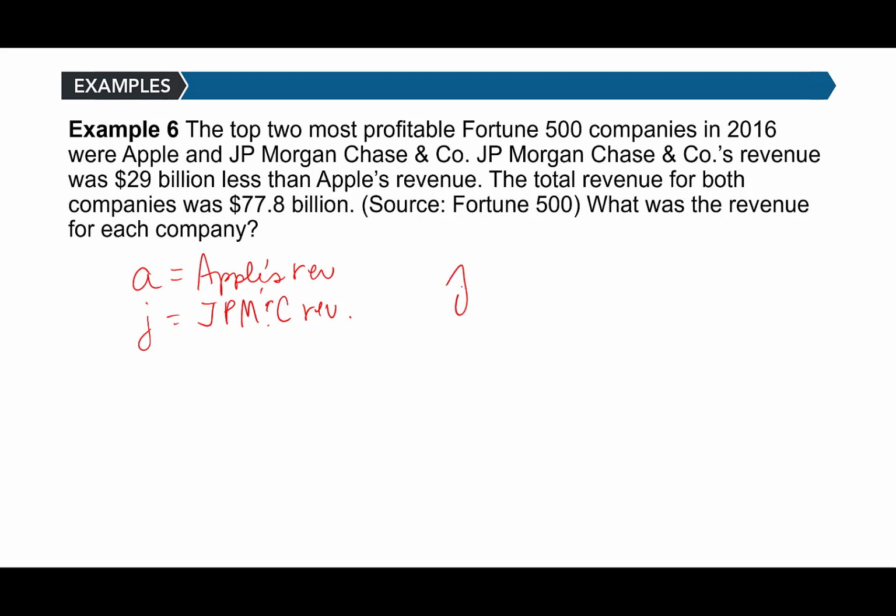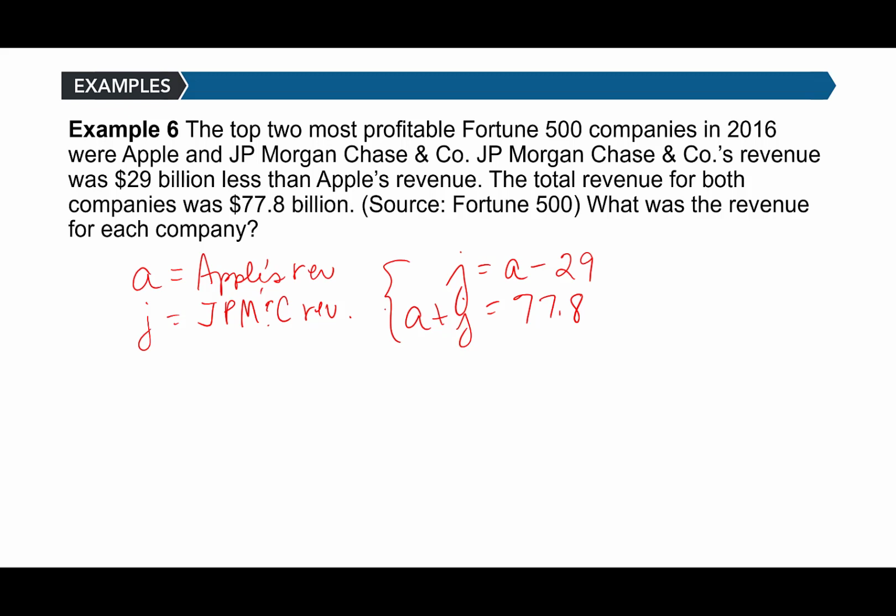So J is 29 billion less than Apple, so we would have A minus 29. And then we know that the total revenue for both companies was $77.8 billion, so if we add A plus J, we will get 77.8. So that is our system that relates the two unknowns.